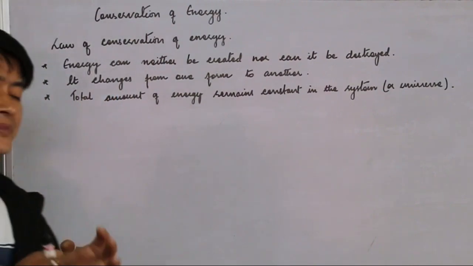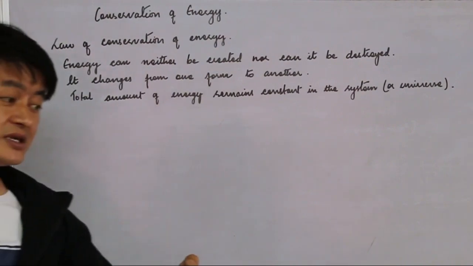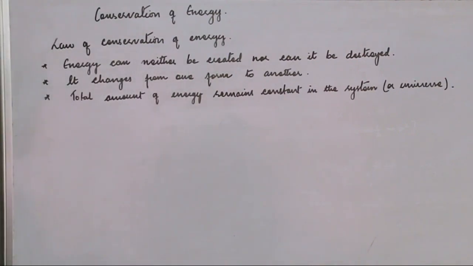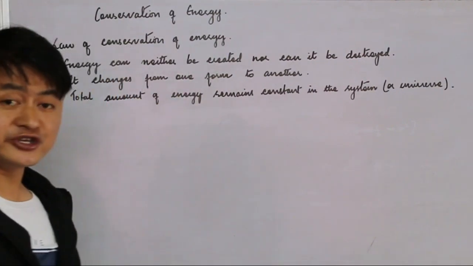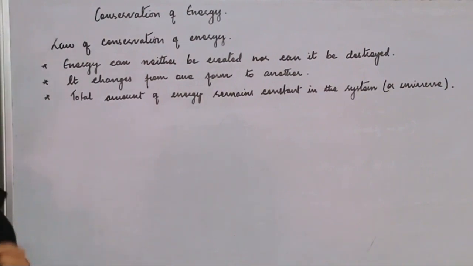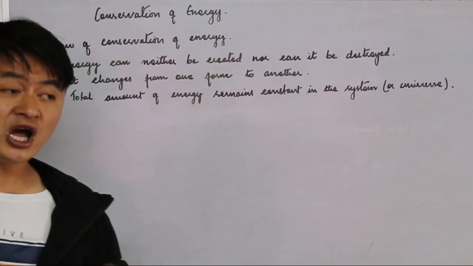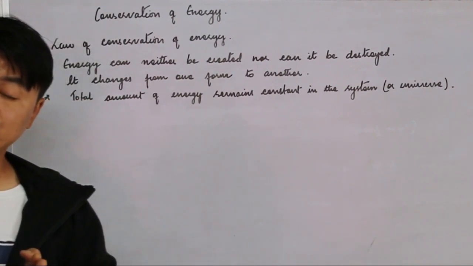There are many other examples also, but everywhere we see that energy is changing from one form to another, and the total amount of energy remains constant in the system or universe. We know that in the universe there are various forms of energies, and all those energies always transfer from one form to another.